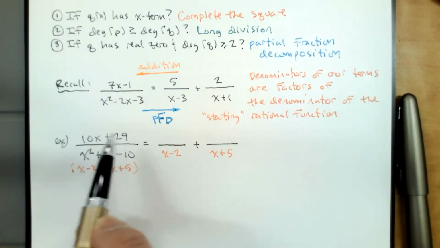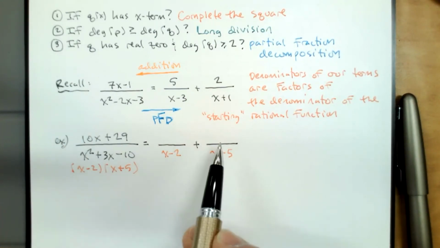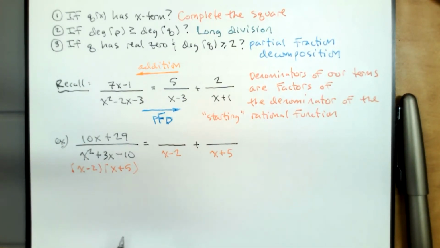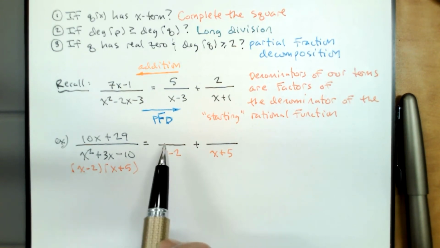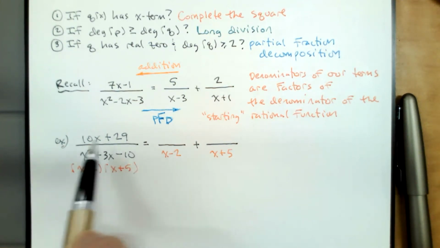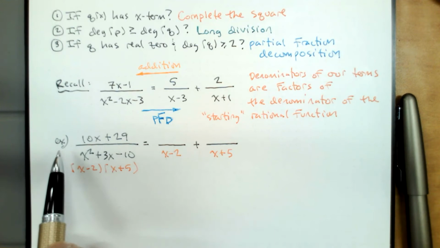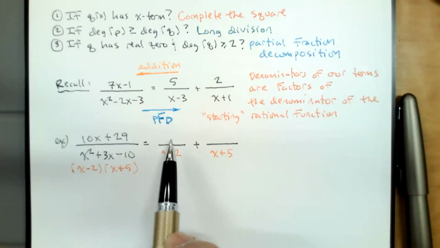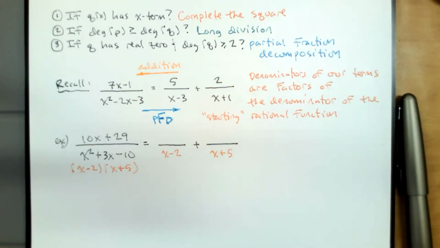I don't have any x squareds. There's no x terms up here. If there's an x squared term up here, I multiply the x squared term times x plus 5, I get an x cubed. There's no x cubed in the numerator. So I know that there's no x squared numerators in my sum.